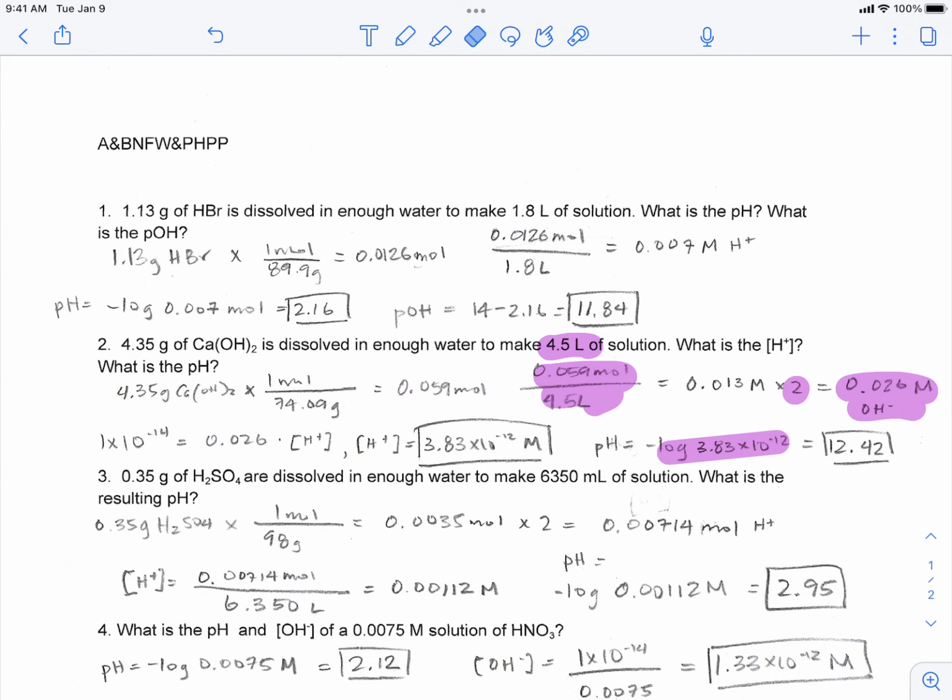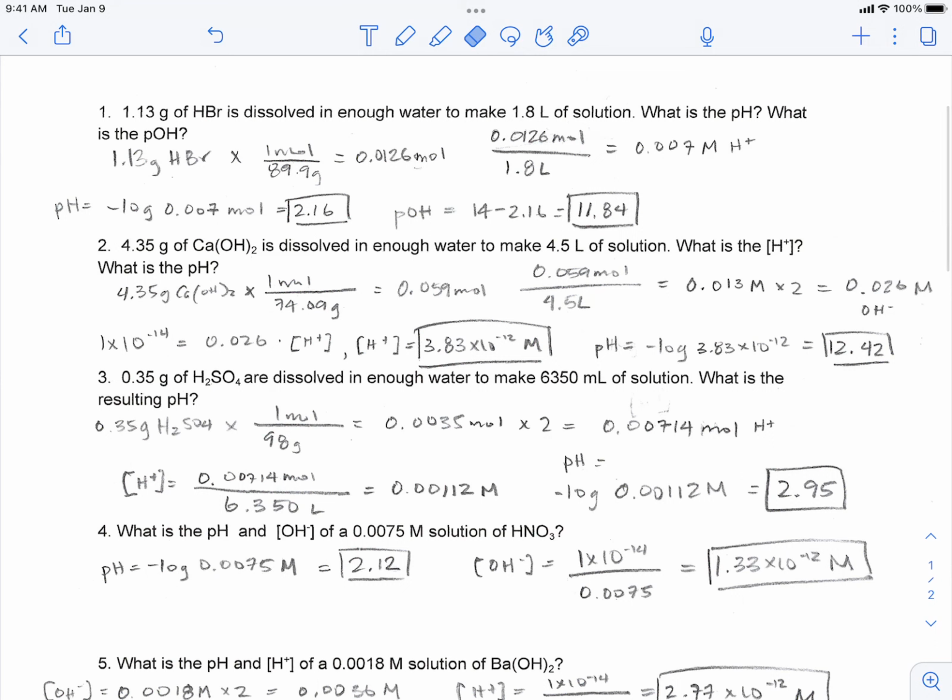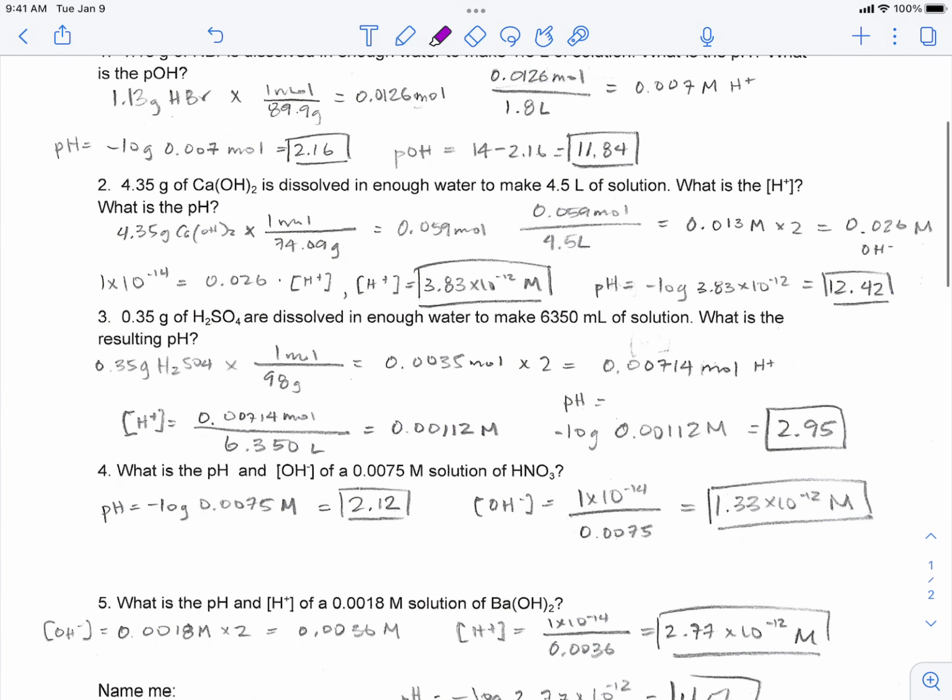And a similar thing is happening here in number 3, except now it's an acid. You've got 0.35 grams of sulfuric acid, H2SO4. Notice it's got the 2 there, which we're going to multiply in a second. So convert to moles using the molar mass of sulfuric acid. Multiply that by 2 because there's a 2 in the formula, and you're going to get your answer in moles of H+. How do I know it's H+?